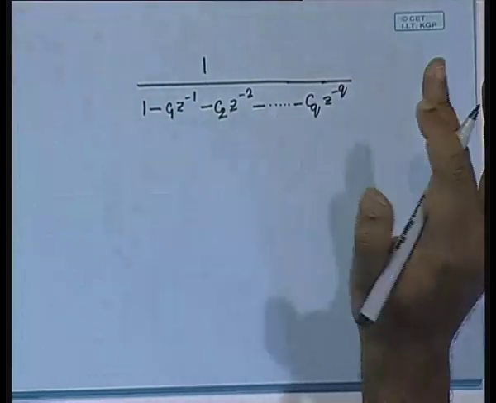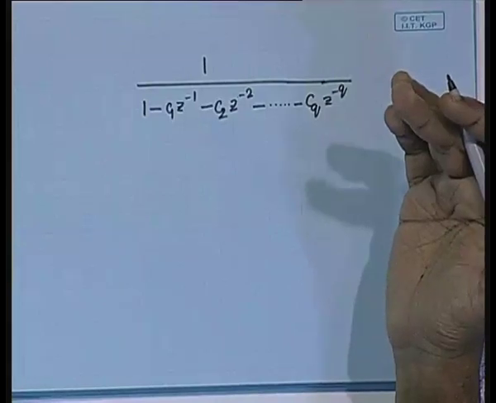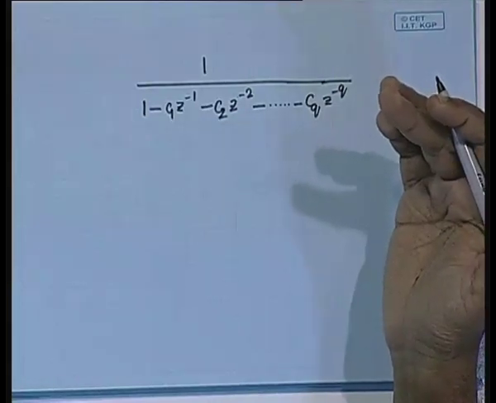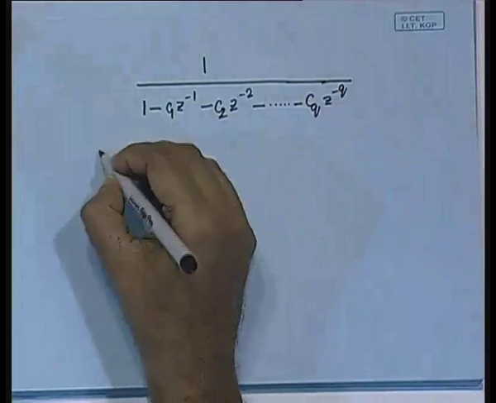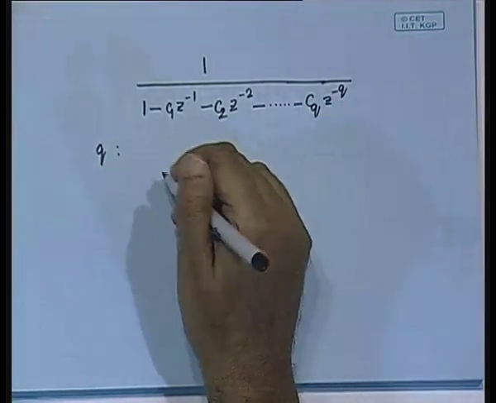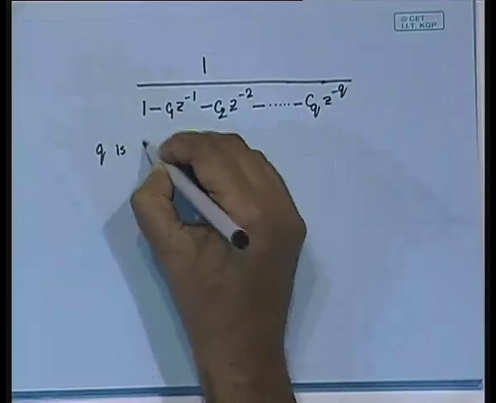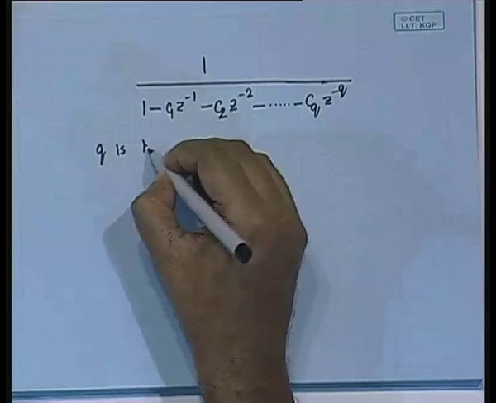All terms are with minus signs. So this is what we are going to have. Now here q is the order, that is, q is twice the number of formants plus 1.